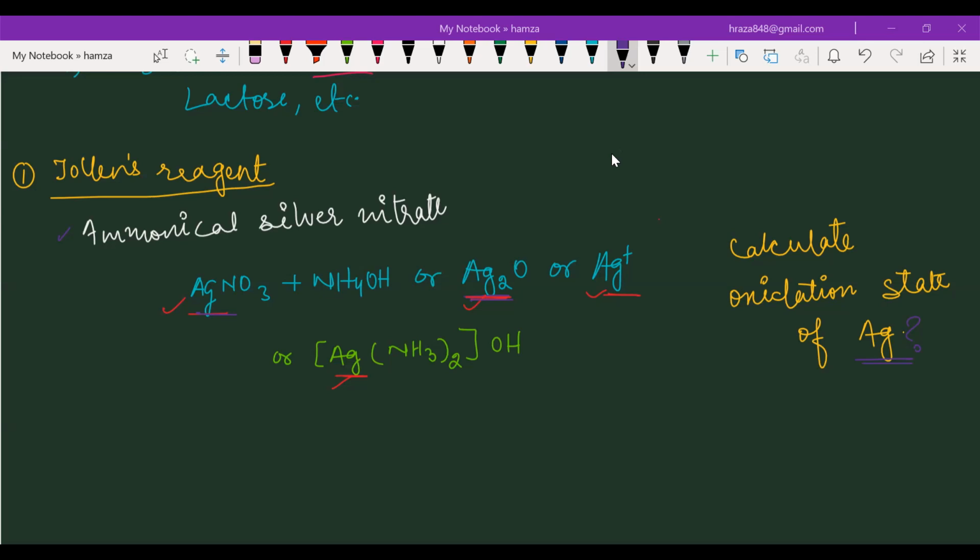Any answer? It should not take this much time for oxidation state. Okay, I'm going to explain.